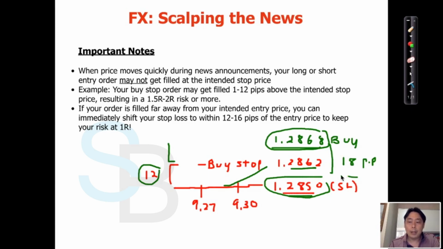Right, so immediately shift your stop loss to 2856. So if the price happens to come back down and hit your stop loss, you contain your risk at 12 pips, which is 1 R. All right, so you can do that as well.